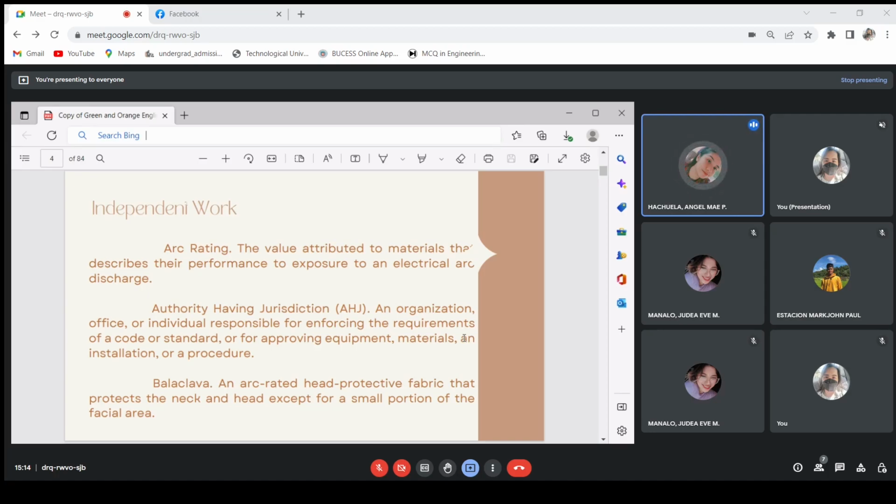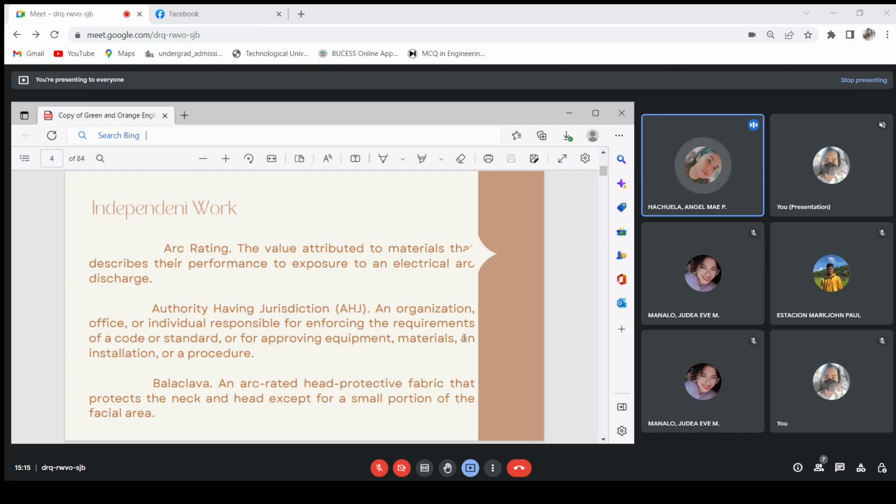The next definition is authority having jurisdiction, an organization, office, or individual responsible for enforcing the requirements of a code or a standard, or for approving equipment, materials, an installation, or a procedure. The phrase authority having jurisdiction, or its acronym AHJ, is used in NFPA documents in a broad manner since jurisdictions and approval agencies vary, as do their responsibilities.